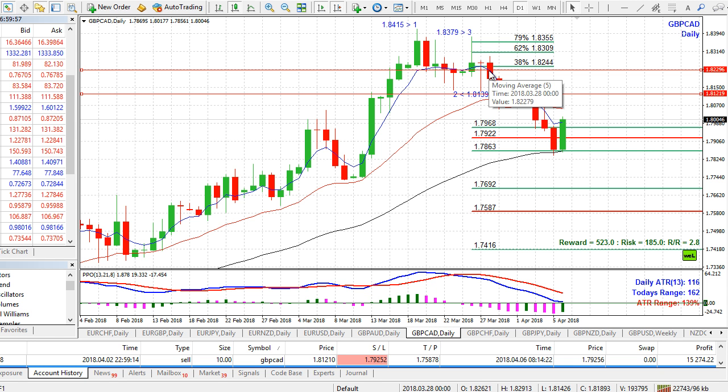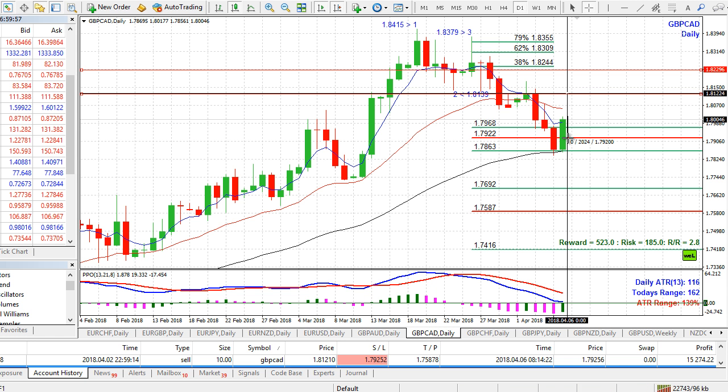And price, as you can see, moved from this bar, took 5 days: Monday, Tuesday, Wednesday, Thursday, and today's bar. So basically, I'm getting in this area and looking at price to move down. From that point here to target, we're looking at about 200 pips.